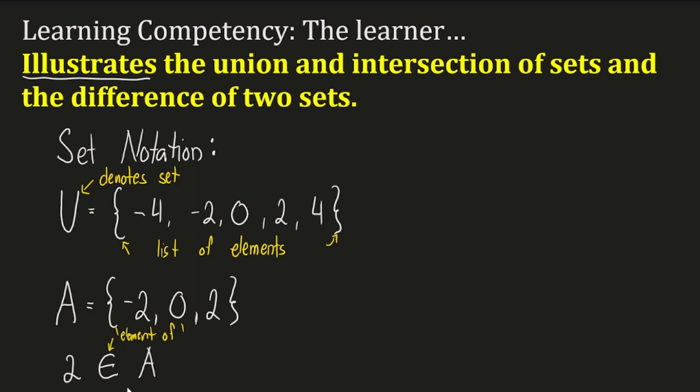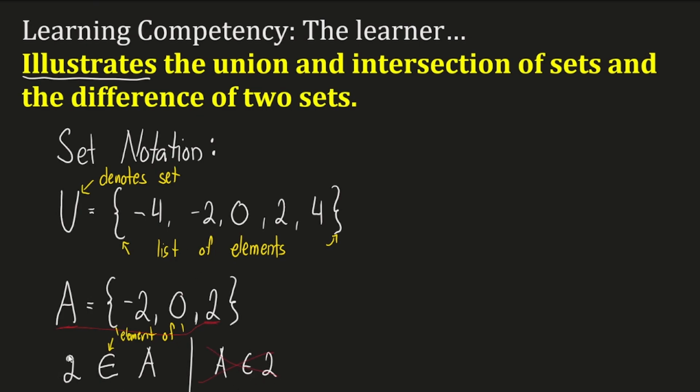But we don't write the set first before the element. It's not like saying A is an element of 2. What you're saying with that is the A here, the whole set of A, is inside of 2. That's a big no-no. So we don't write it like that.